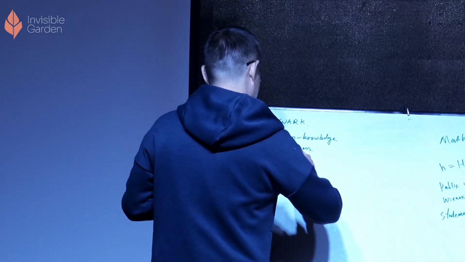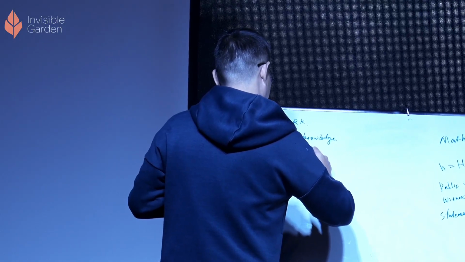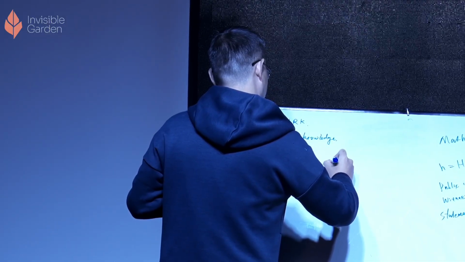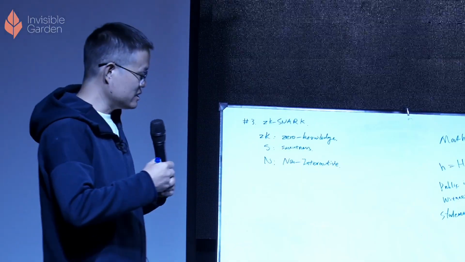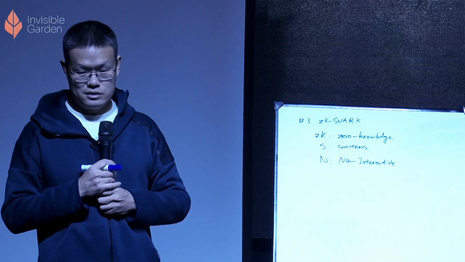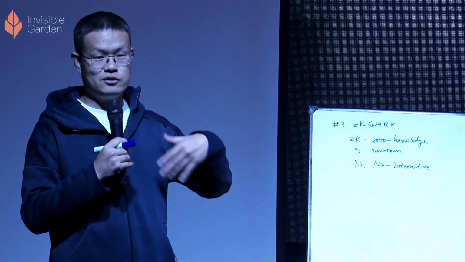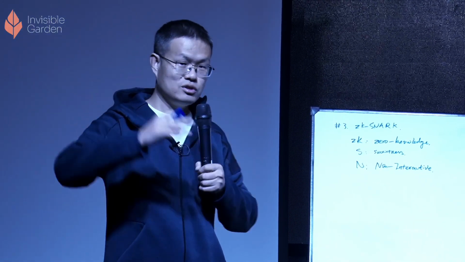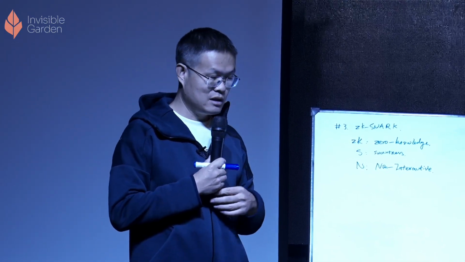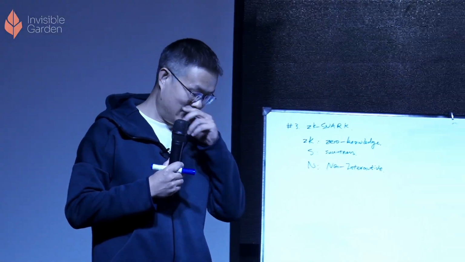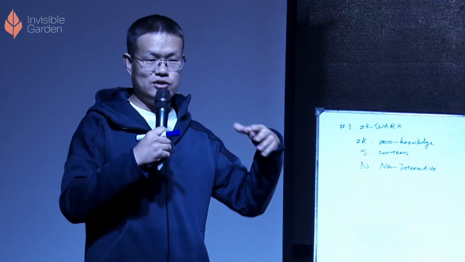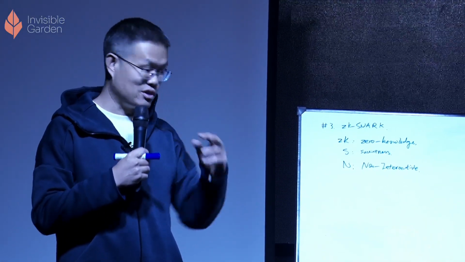What is N? The N means non-interactive. As I mentioned before, computer scientists extended the concept from one round mathematical proof to multiple round proofs. But here we have some limitation in applications because the verifier has to be online, right? The prover and the verifier should interact with each other.